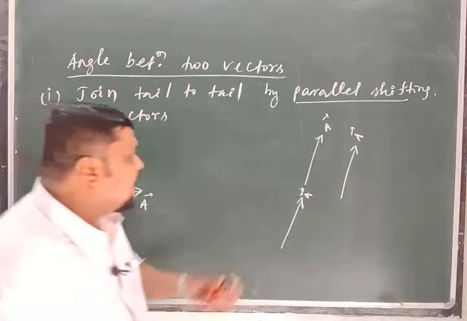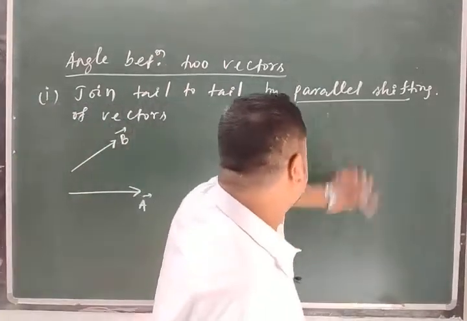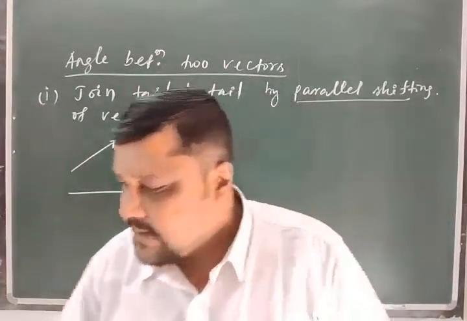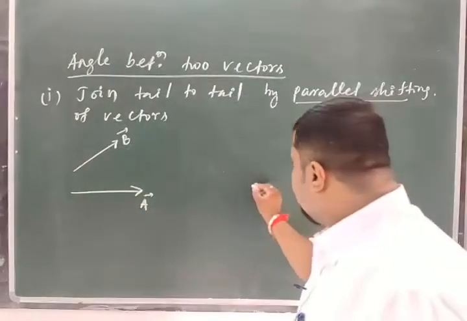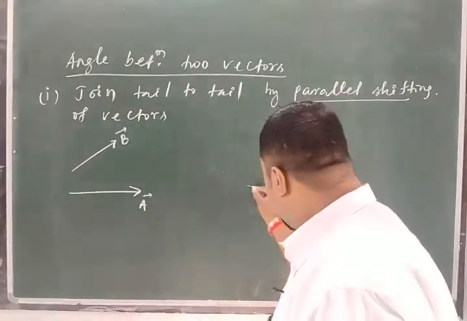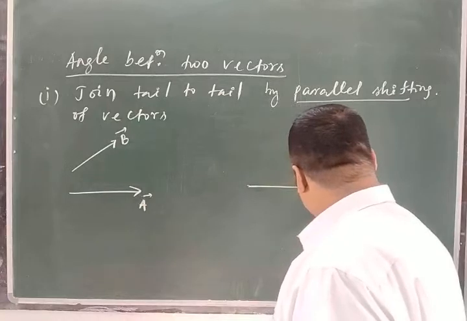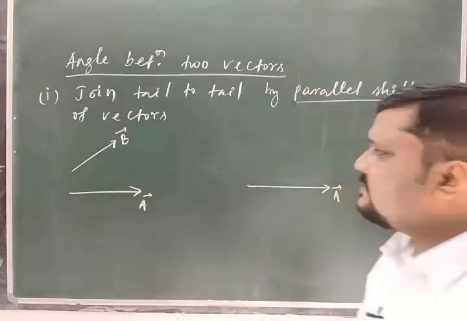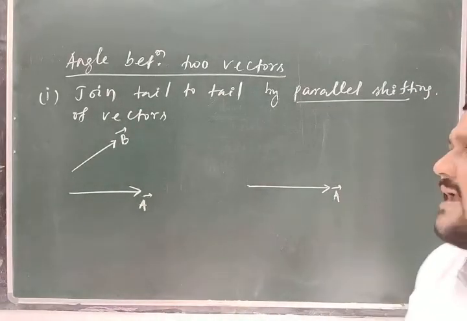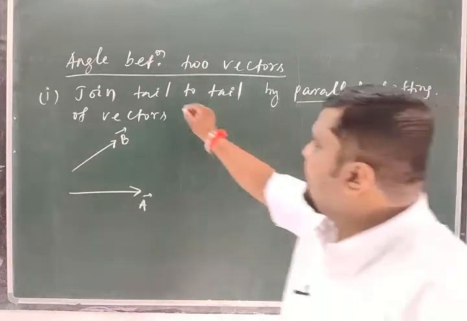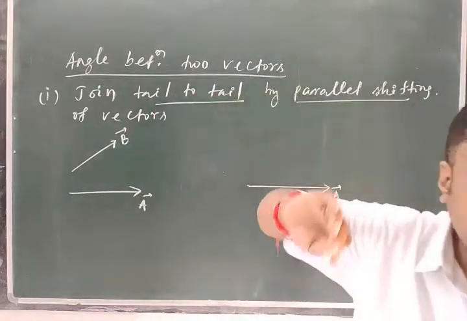Now, to find the angle between these two vectors, first I will keep vector A as it is. Now shift vector B parallel to it, so that tail to tail joining is possible.